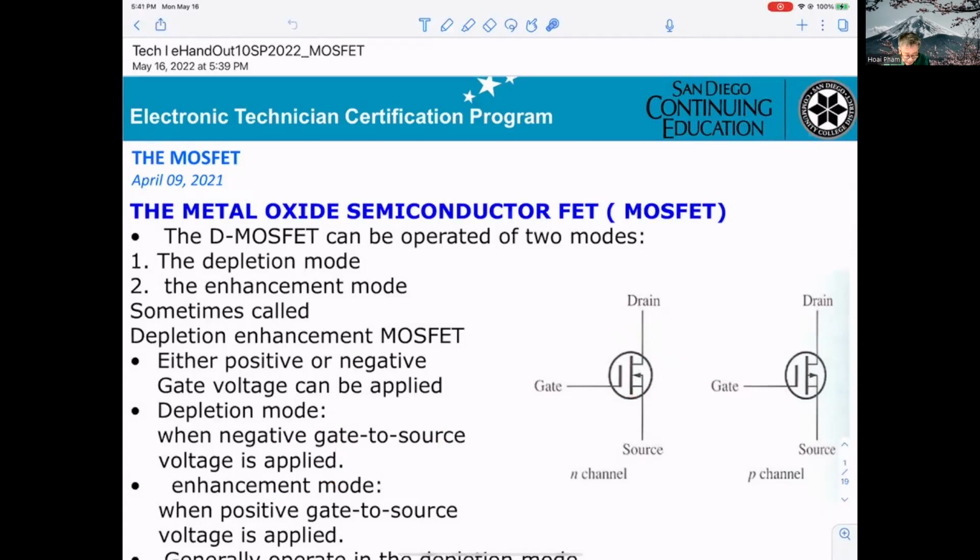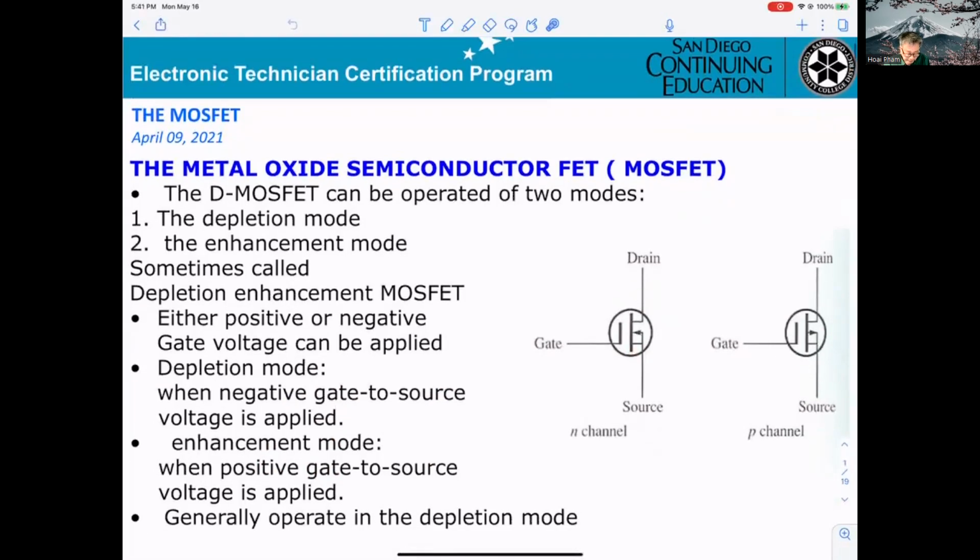Enhancement mode is when positive gate-to-source voltage is applied. Generally they operate in depletion mode. So the MOSFET can work in depletion mode or enhancement mode.